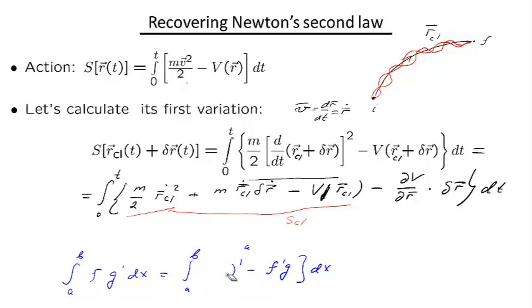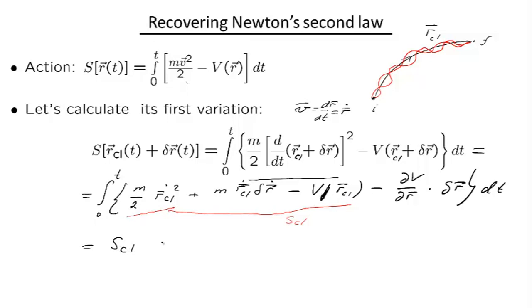If we put everything together, integrating by parts and replacing these terms with the classical action, we have the classical action minus, because there is a minus here and there is already a minus here, the integral from 0 to t of m r double dot, the second derivative because we moved it, plus dV over dr, and everything is multiplied by delta r.